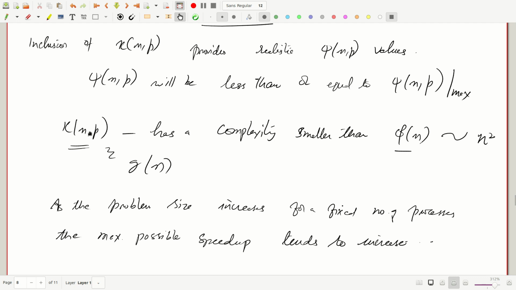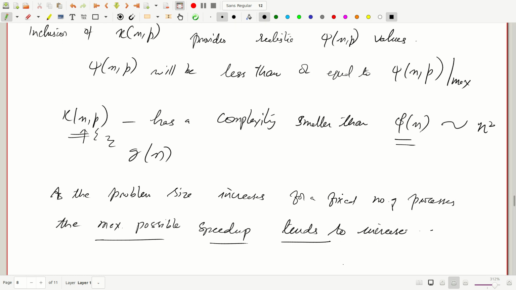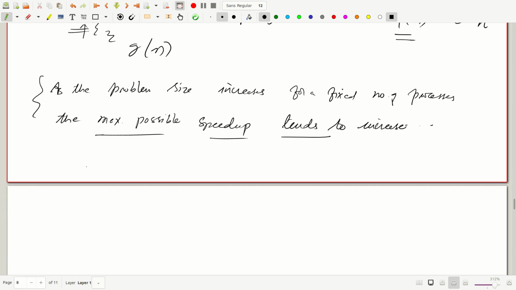As a result, for a fixed number of processes p, as you keep increasing your n, the overhead becomes smaller relative to phi of n, which is the parallelizable part. As a result, your maximum possible speed up, or actual speed up, tends to increase as you increase the problem size. Okay, and this particular statement is known as Amdahl's effect. That means for a fixed number of processes, if you increase your problem size, your maximum possible speed up is going to increase. Okay, all right, so that is one thing.